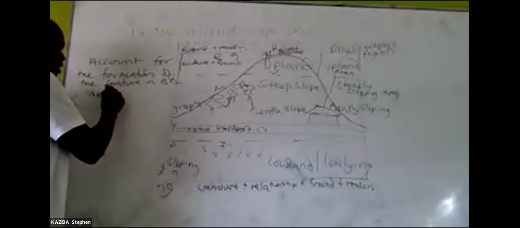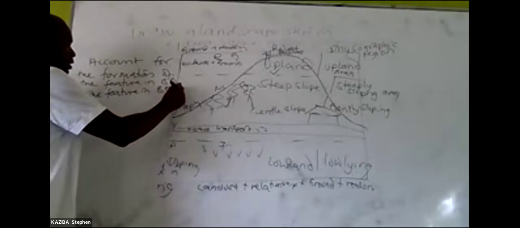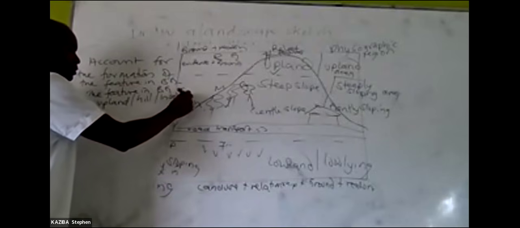So you begin by identifying the feature. So you say the feature in the background is, you can say an upland, you can call it a hill. So you begin by identifying a feature, then identify the process that is associated with its formation.